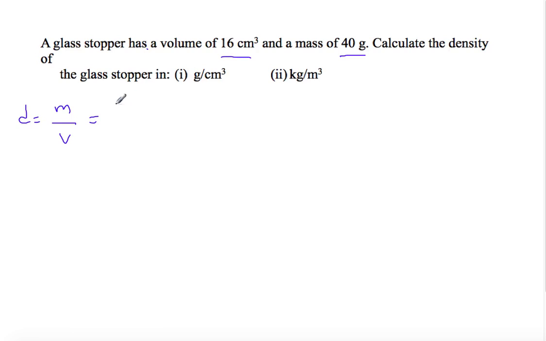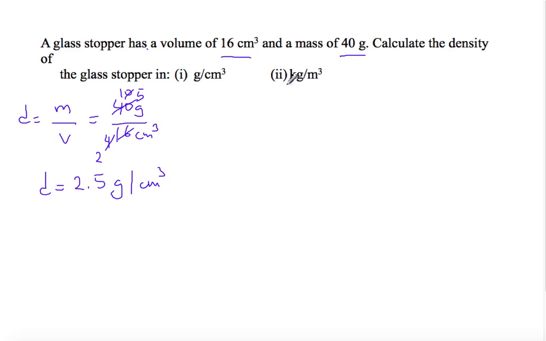The mass given is 40 gram and the volume given is 16 centimeter cubed. Divide by 4, we get 10 over 4. Divide by 2, 5 over 2. 5 over 2 is 2.5. The density of the glass stopper is 2.5 gram per centimeter cubed.